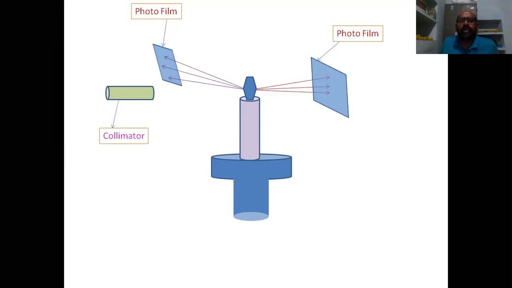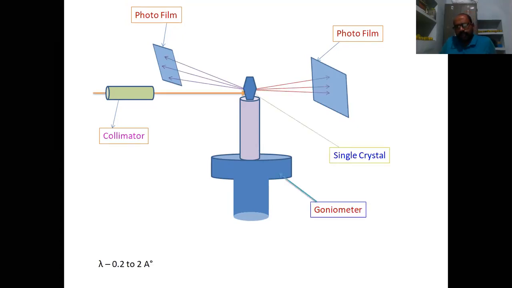We keep the photographic films in the desired direction only, and the pattern is recorded on the photographic film. So it is a single crystal, it is the goniometer, it is the collimator here. We observe the Laue pattern, a regular, systematic arrangement on the photographic film. That developed film is called the Laue pattern.